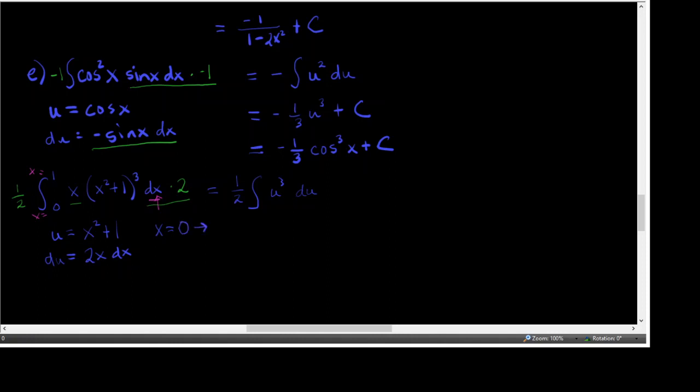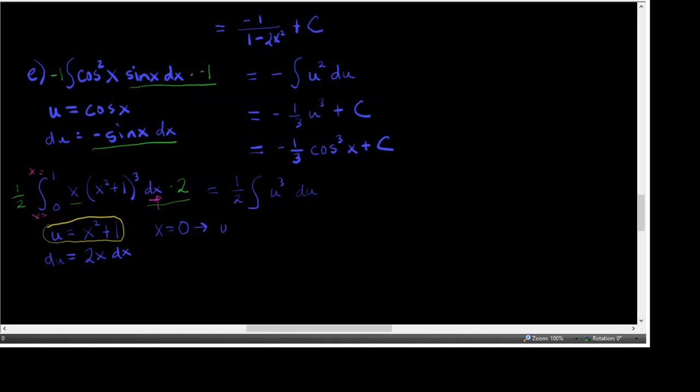What is the corresponding value of u when x is 0? And so we'll be using this equation right here, the declaration of what u is equal to, to discover the upper and lower bounds that are produced for x equals 0 and for x equals 1.